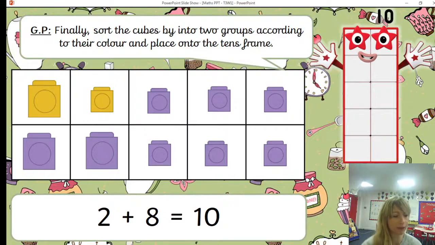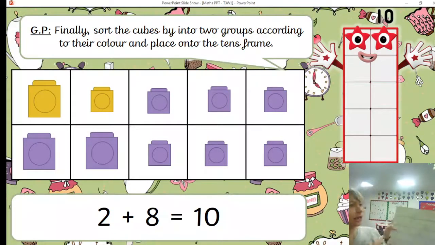So I'll do it with you. I'm going to write on my whiteboard so you can see it, but I'd like you to write in your books that you collected from school or on a piece of paper. So we're going to start on the line. We're going to write 2 because I have 2 yellow cubes. Then I'm going to write my and sign or adding sign. 2 add.